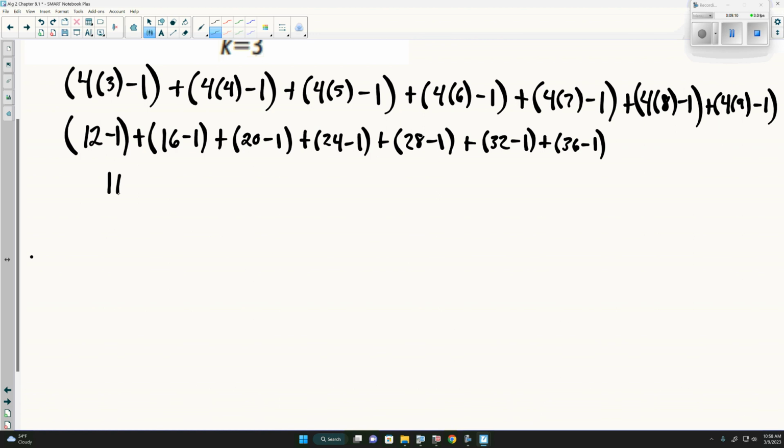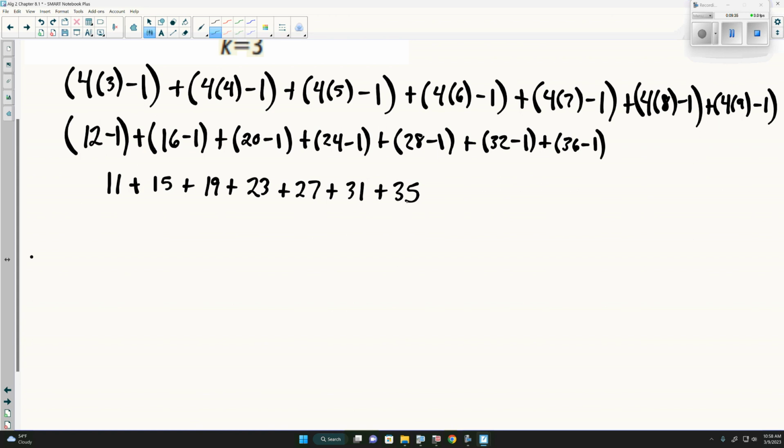That gives 11 plus 15 plus 19 plus 23 plus 27 plus 31 plus 35. Any questions on any of this so far?